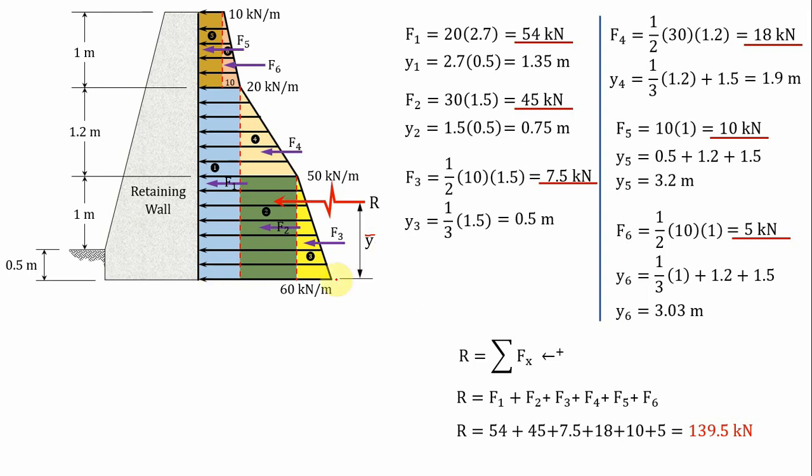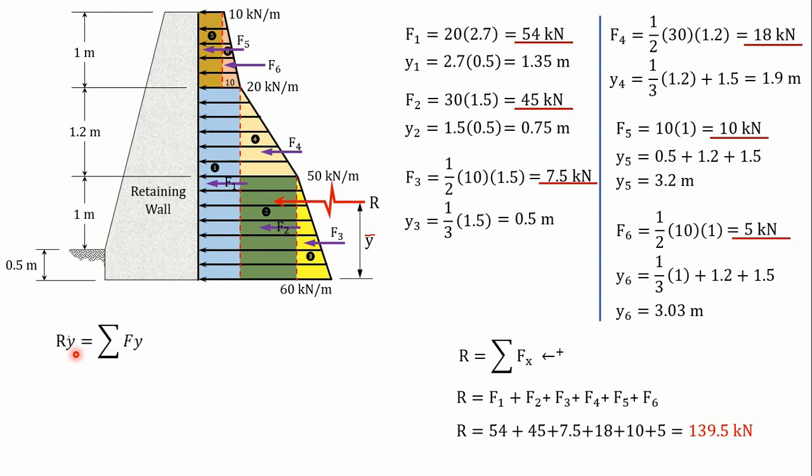Tawagin natin siya class itong bar Y, bar Y tayo class kasi vertical tayo. Kapag horizontal tayo class, bar X. Na-gets nyo ka? So apply tayo class in Varignon's theorem.